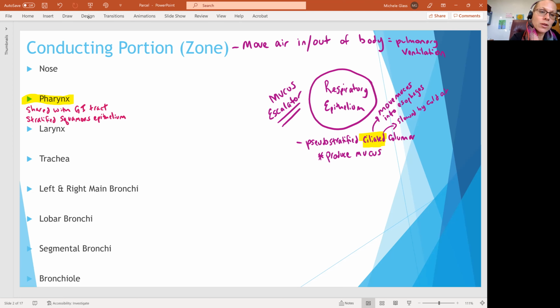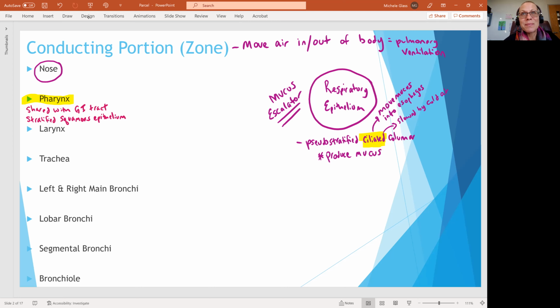So when we talk about the nose, the nose is the primary entry point for air, meaning that when we are breathing, the nose is the best choice. Now, of course, if your nose is stuffy because you're sick and you can't get air in there, the mouth becomes an okay secondary entry point.